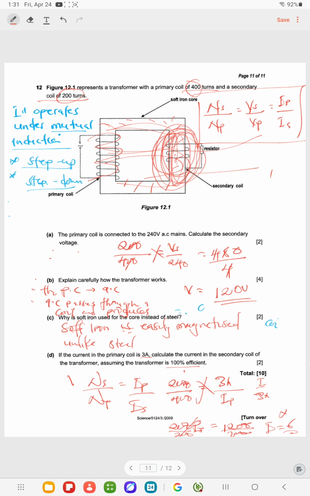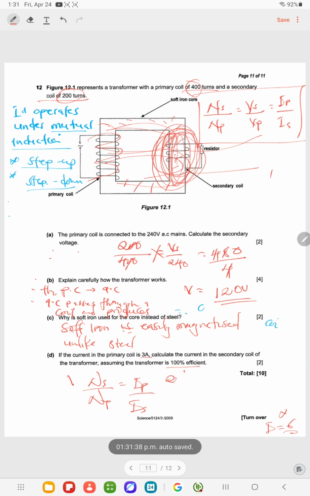Now what should we do now? So let's now answer a correct one. I'll just use the same values. So we have 200 number of turns over 400 is equal to, and instead of using the current on the primary first, we are going to say current on the secondary over current on the primary.